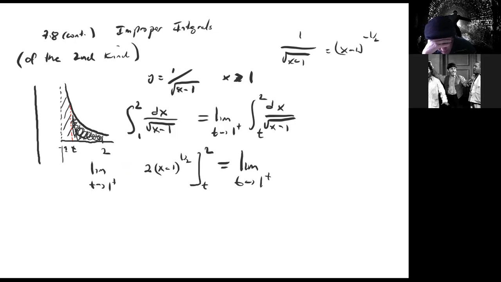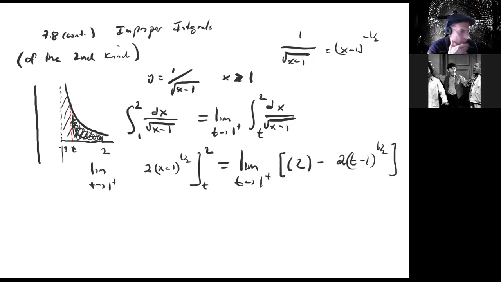So if we stick in 2, we're going to get 2 times 2 minus 1 to the 1/2, so that's 2. And if we stick in T, we're going to get 2 times T minus 1 to the 1/2 power, I believe. Okay.